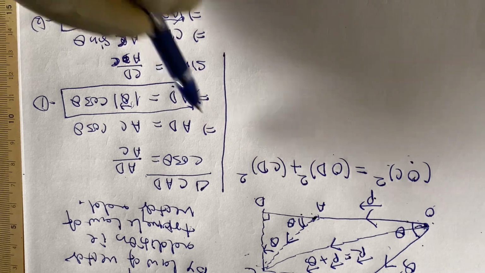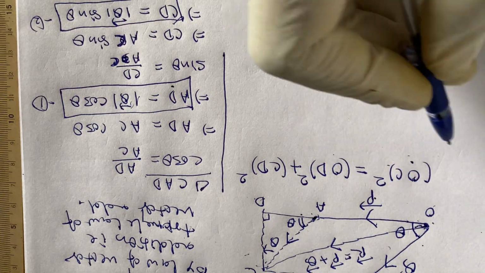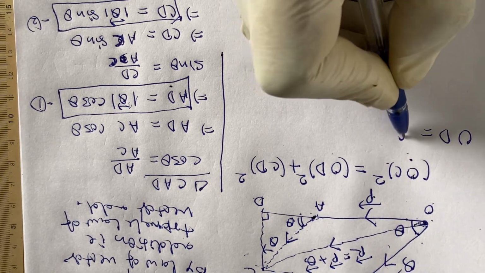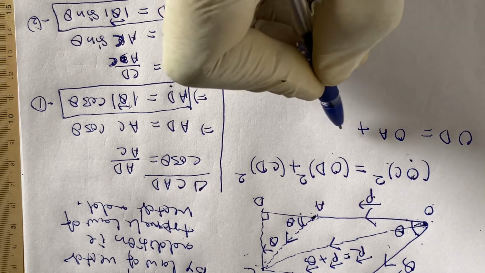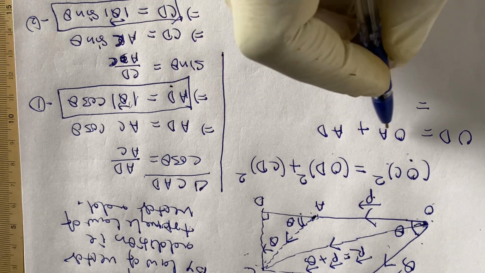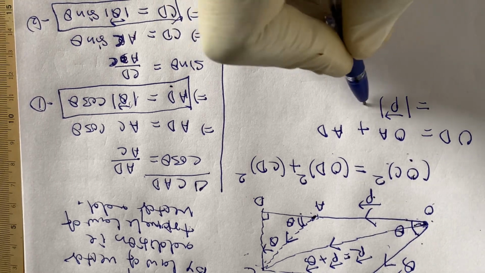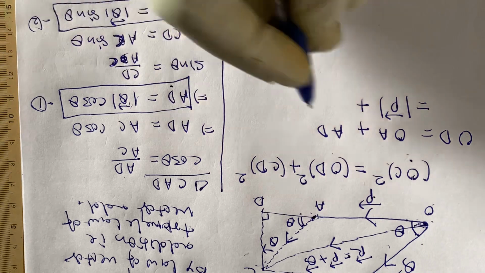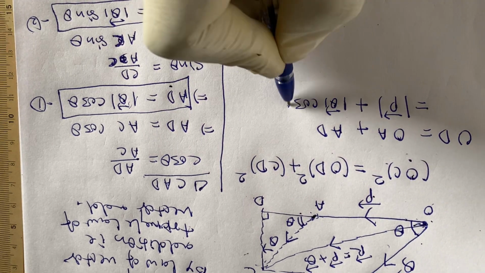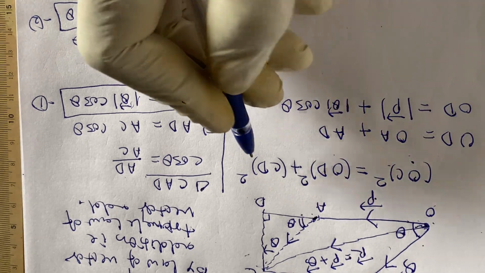So by this we found AD and we also get CD. So OD could be written as OA plus AD, where OA is the magnitude of vector P, and AD by the first equation is magnitude of Q cos theta. So we get OD. The same way we know CD.